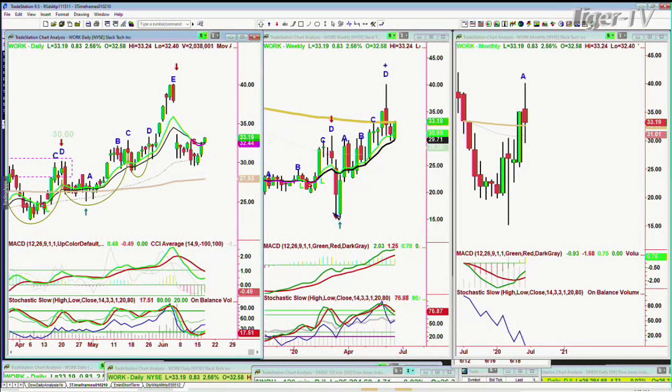So I would just say that WORK, Slack Technology, Inc., this is very nice action over the last 3 days. But I'd treat it as a trade, and then I would be looking at it and say, can this fill the gap? Because it is a peak D in the weekly, but it's only a leg A in the monthly. Put this on your list as a potential for 2020.